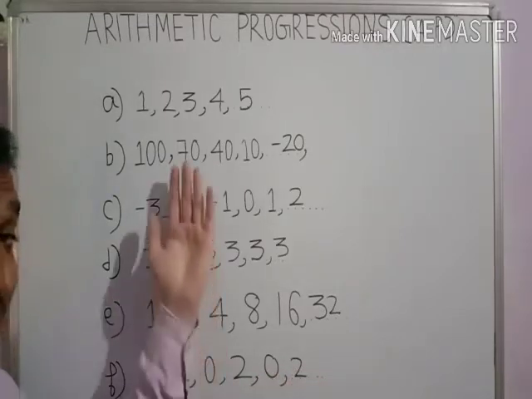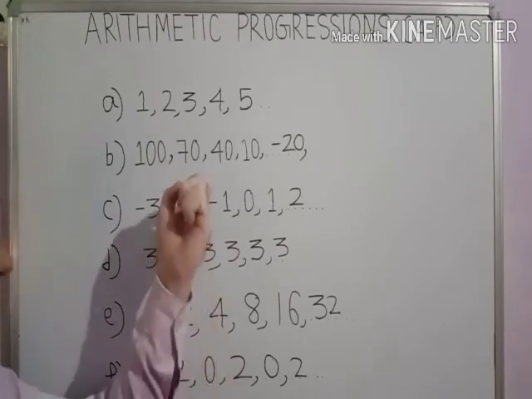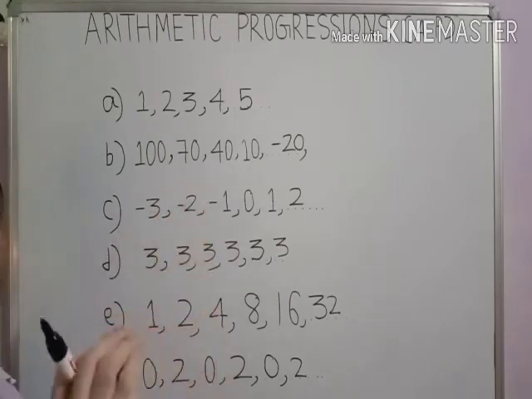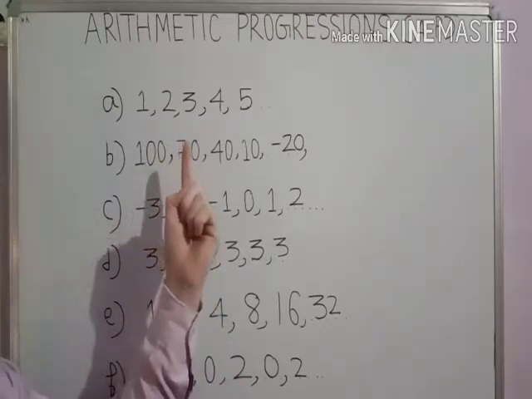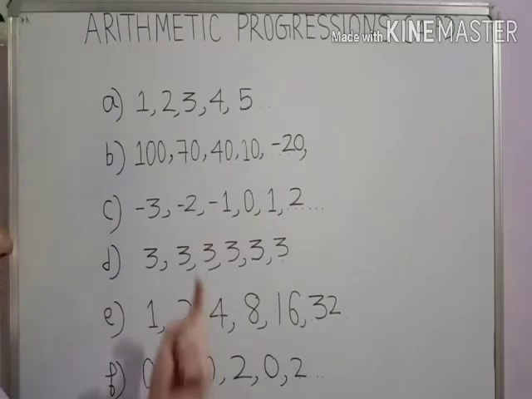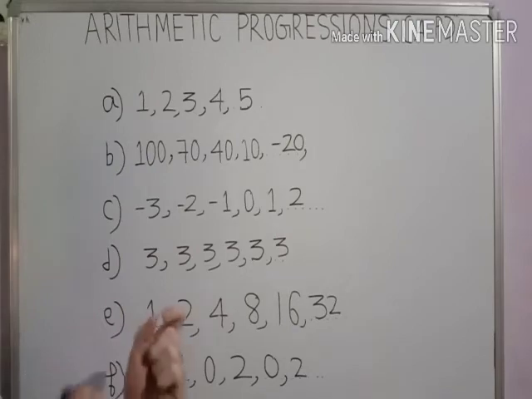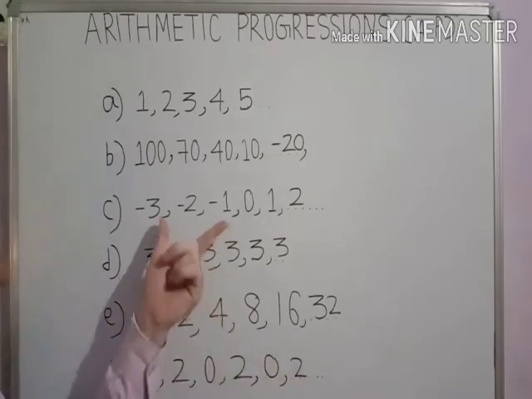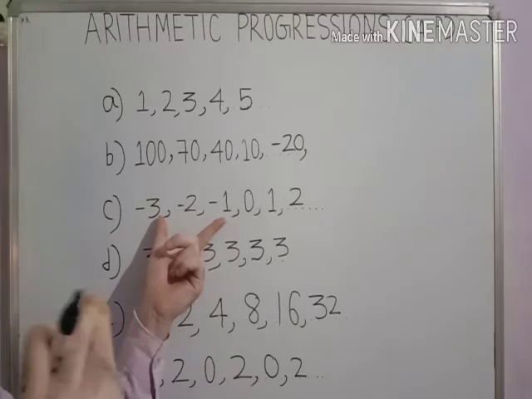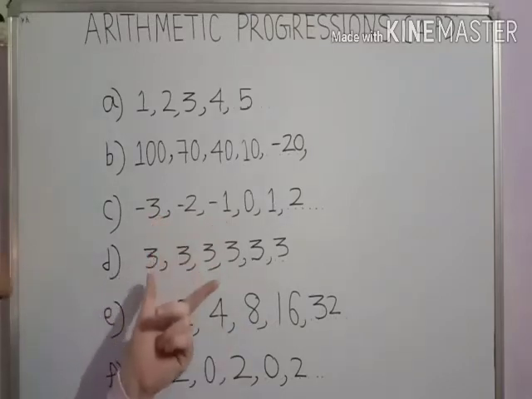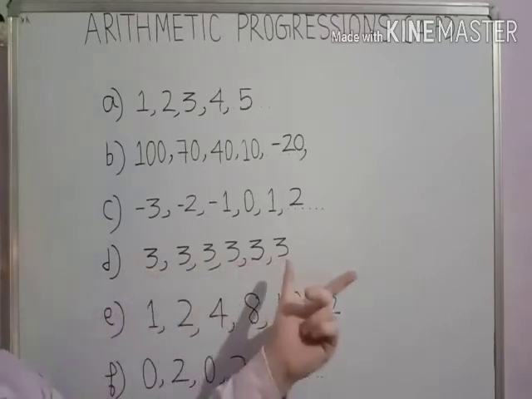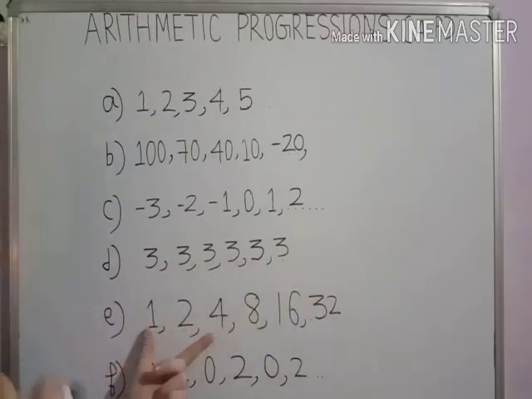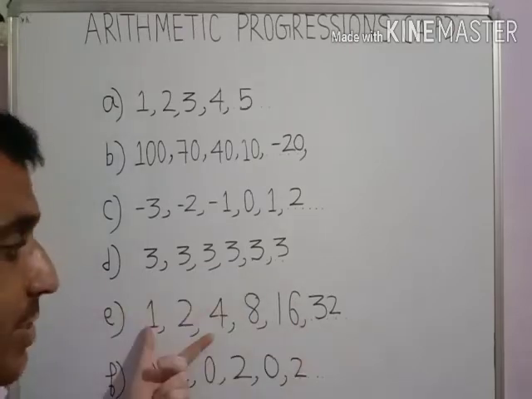Have you noticed in these patterns, there is one definite rule in each pattern. You see in the first pattern every time we are adding 1 and we are getting the successive number, and in the second pattern every time we are subtracting 30 and we are getting the next number, and in the third we are adding 1 and getting the next term, and in this every time we are getting the same number, 3, and in this case we are doubling the number and getting the successive number.